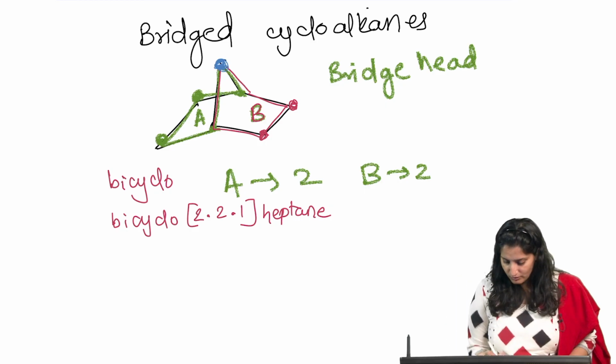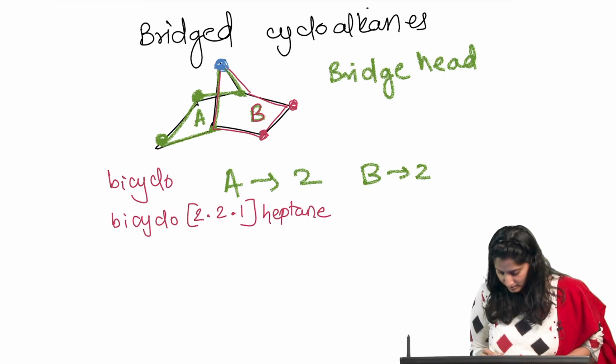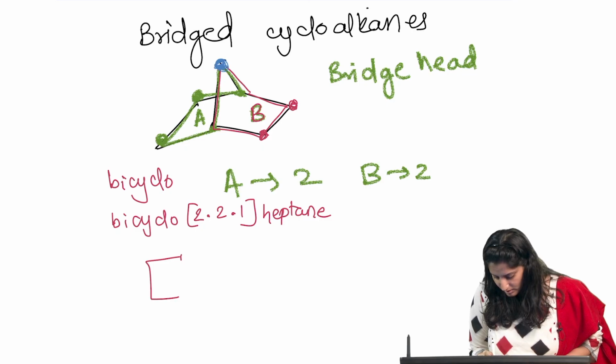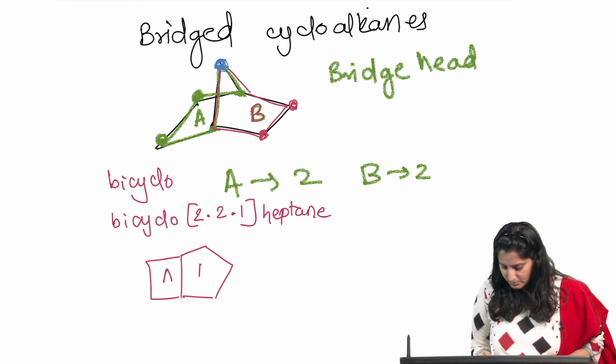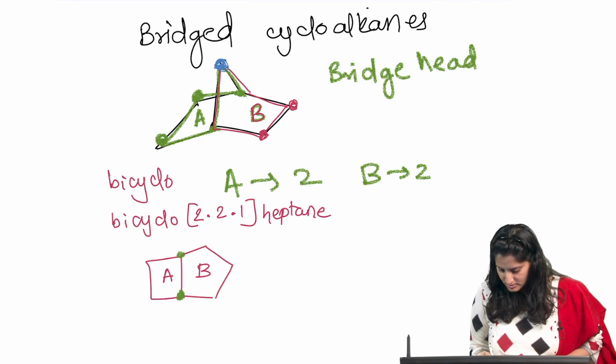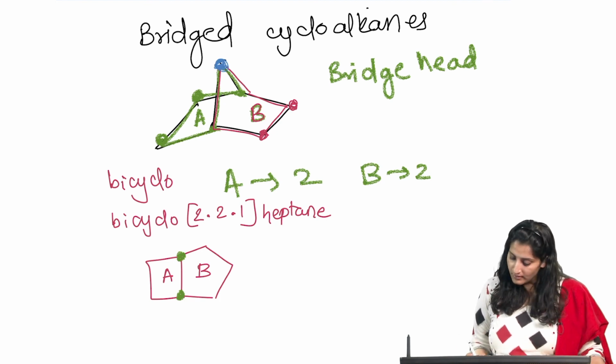Now, let us try to look at one more example. Okay. So, I am going to try and solve this particular compound. There are 2 rings, of course, A and B. These are my bridgehead carbons. I am not going to count them while counting the number of carbons in each ring.